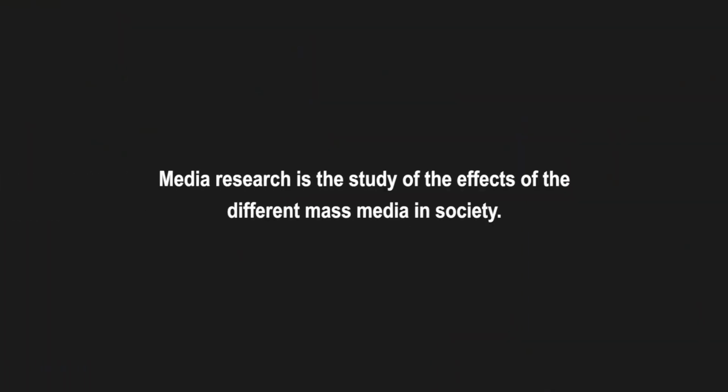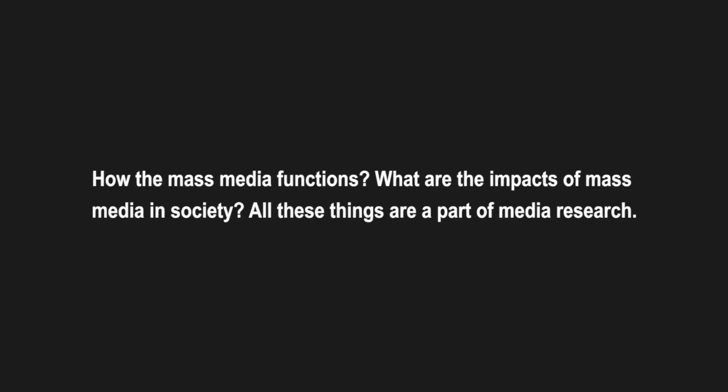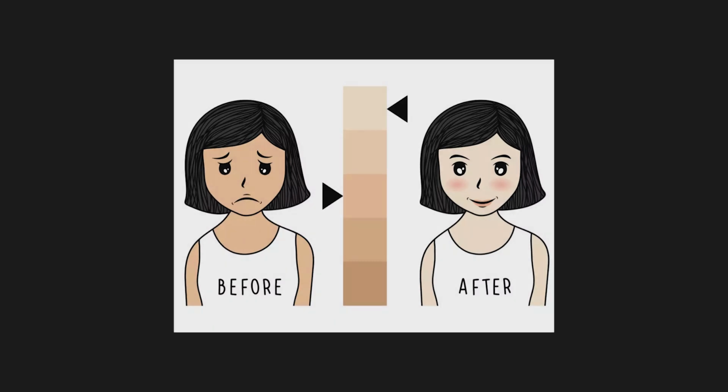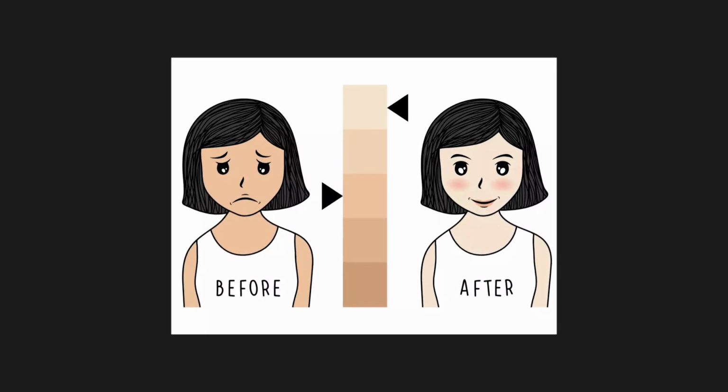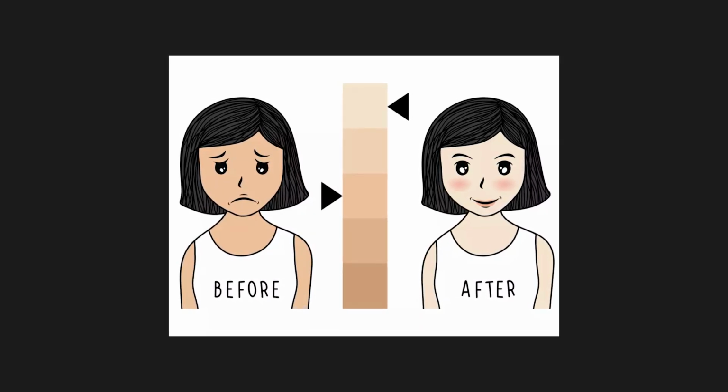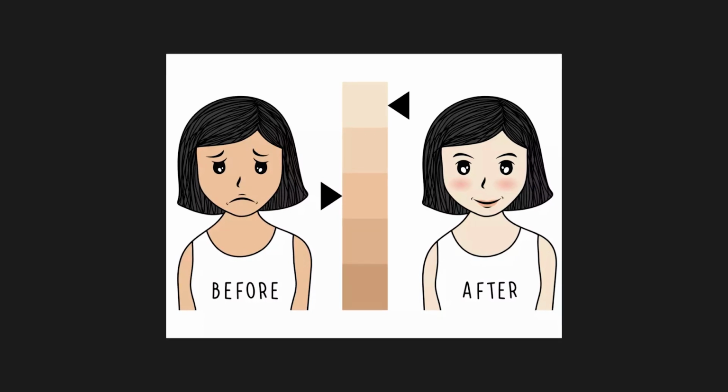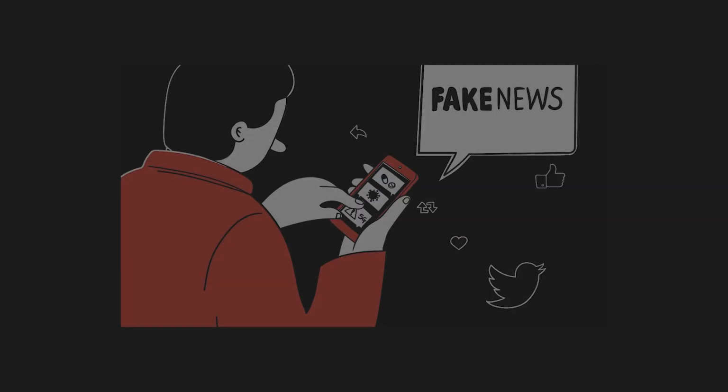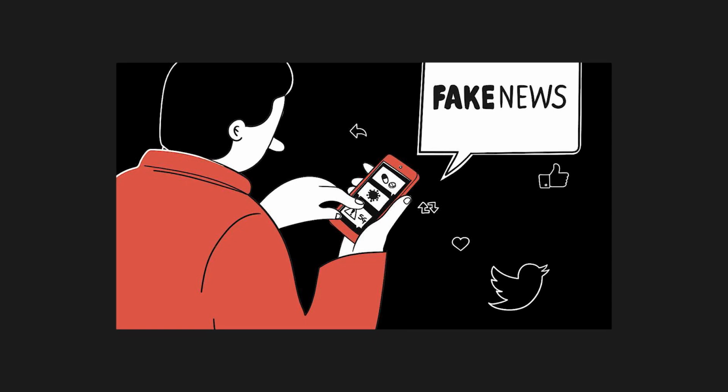So now if we have to talk about what media research is, it is a study of the effects of the different mass media in society. How the mass media function, what are the impacts of mass media in society, all these things are a part of media research. The media research questions can range from, for example, how young girls in India respond to fairness cream, to the relationship between the internet, new media and fake news.